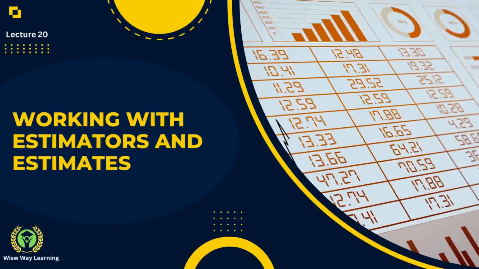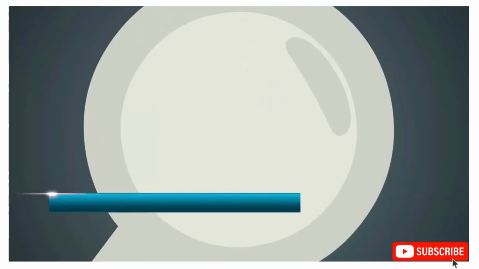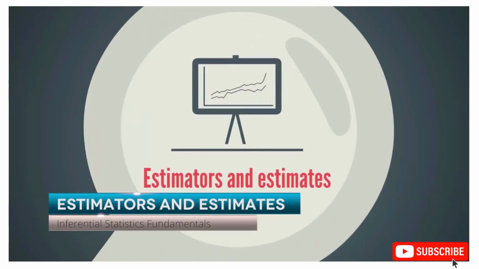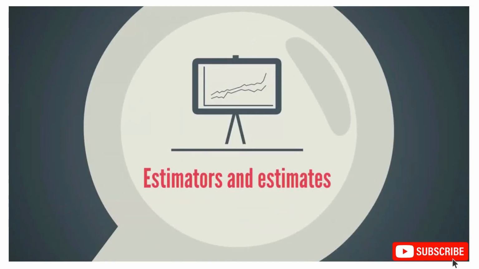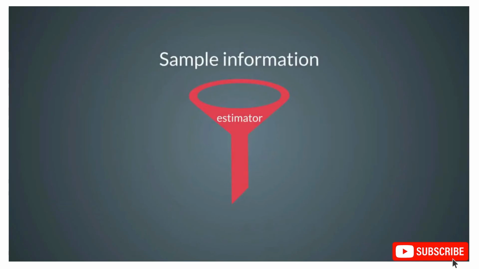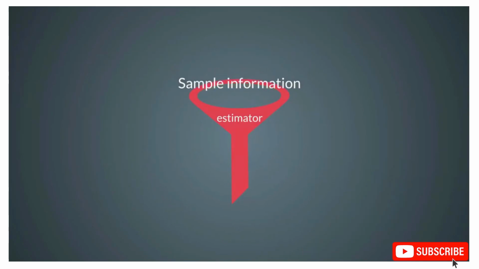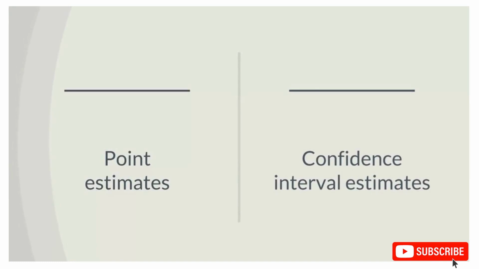Lecture 20, Working with Estimators and Estimates. Okay, great. Let's continue by introducing the concept of an estimator of a population parameter. It is an approximation depending solely on sample information. A specific value is called an estimate. There are two types of estimates: point estimates and confidence interval estimates.